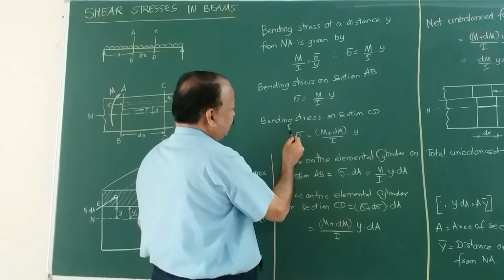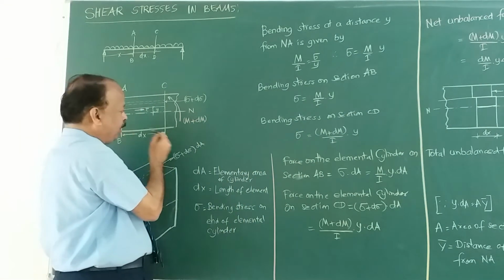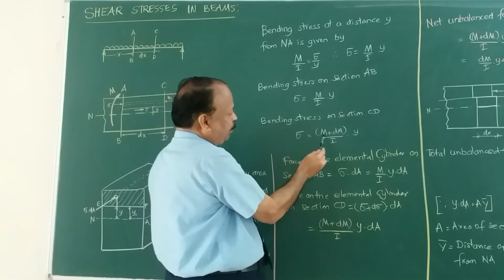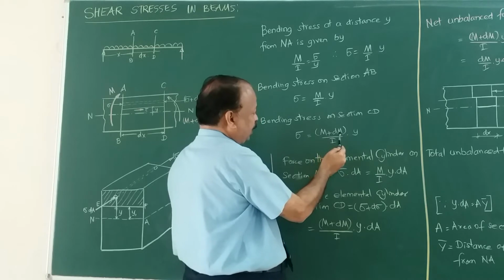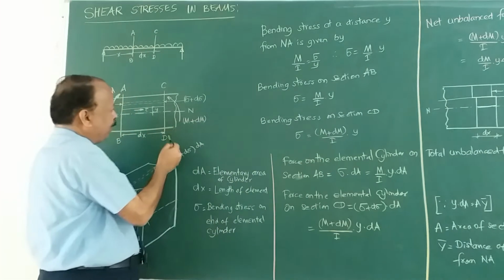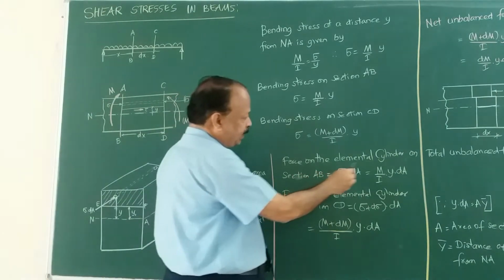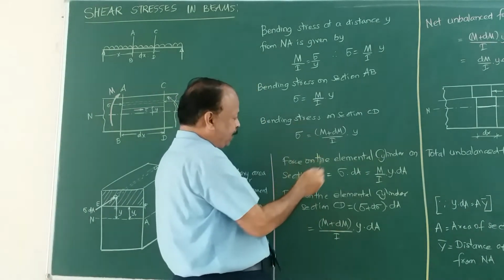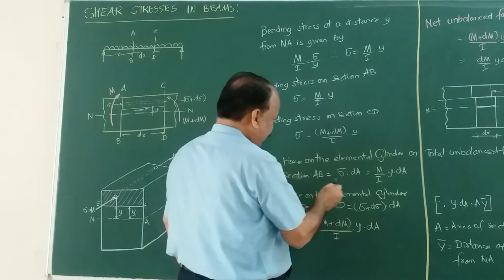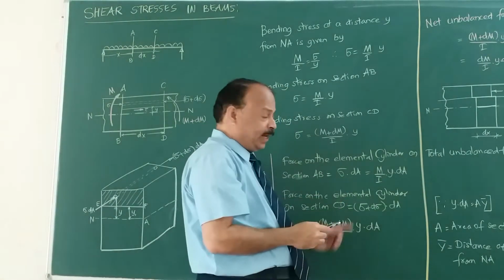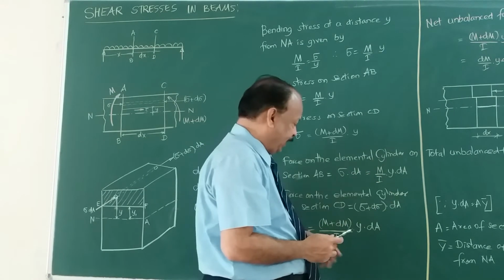Similarly, the bending stress on section CD at a distance dx from AB will be equal to M plus dM divided by I into y, because at section CD the bending moment is M plus dM. Therefore, force on the elemental cylinder is stress multiplied by area. Force on the elemental cylinder on section AB is sigma multiplied by dA, the elemental area, that is M by I into y dA.